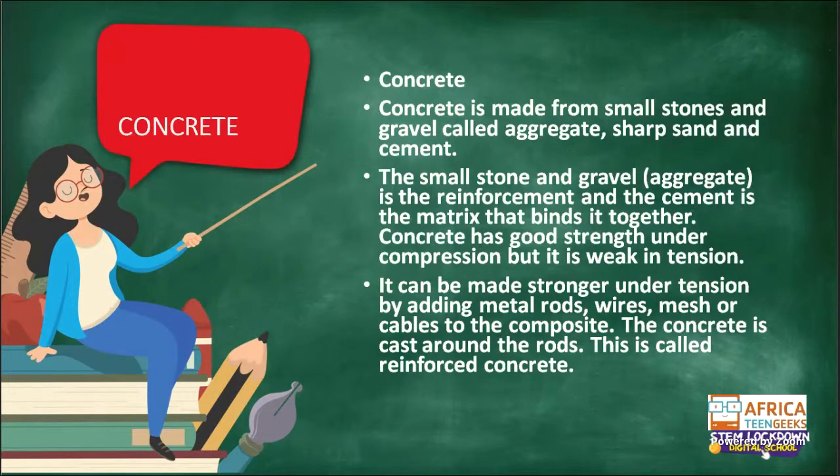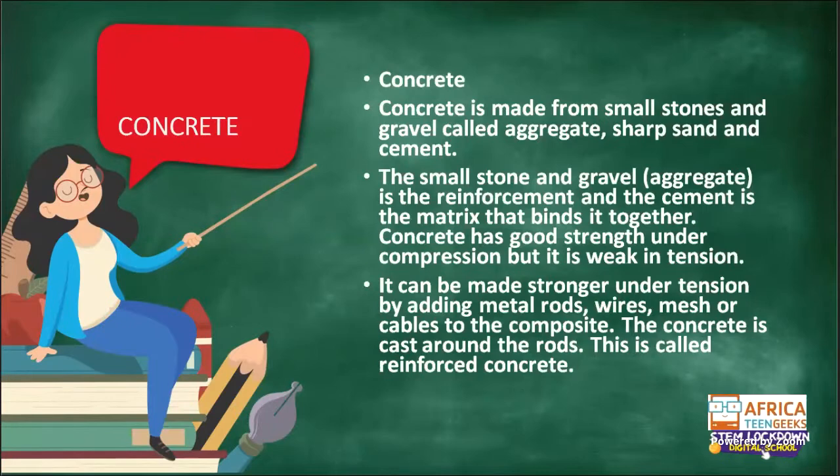Concrete has a good strength under compression, but it is weak in tension. So take note. When you are designing your concrete slabs, you must make sure that it's compressed, but not in the form of tension. As you do it and there is tension, then your concrete will be weak.